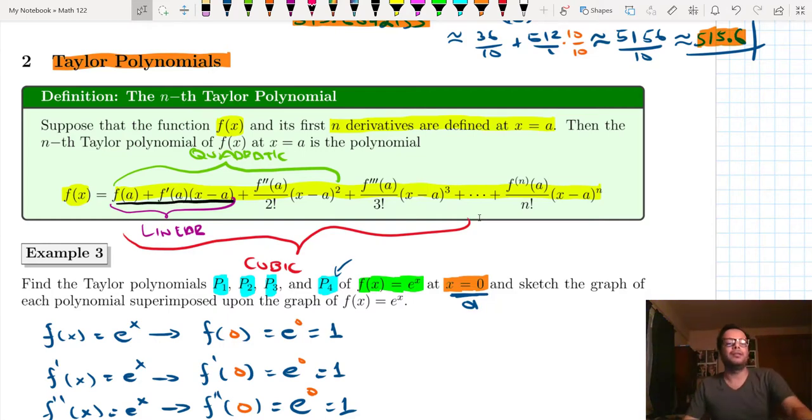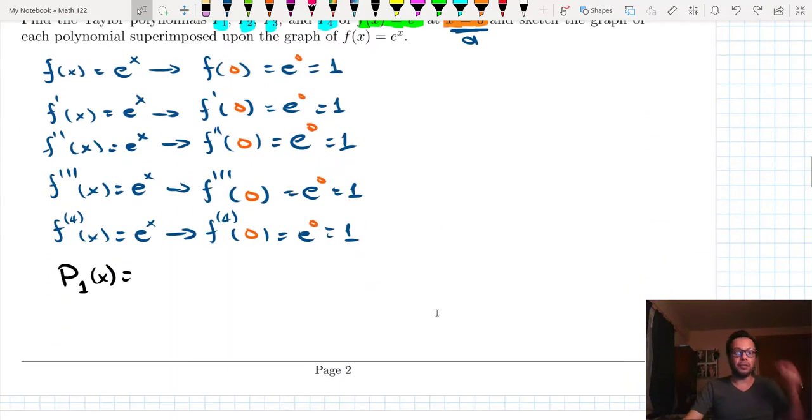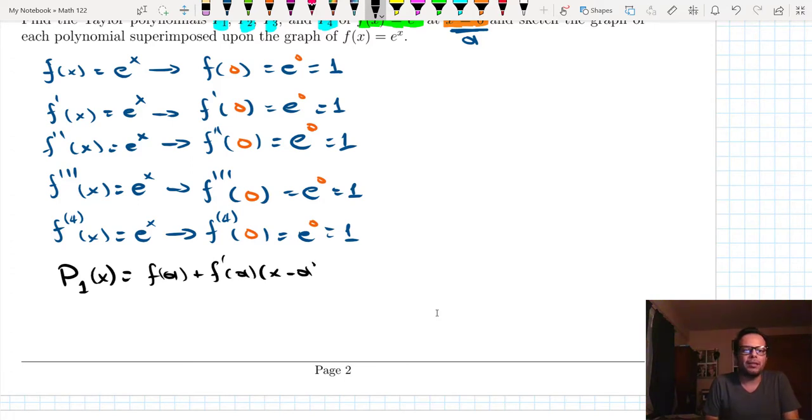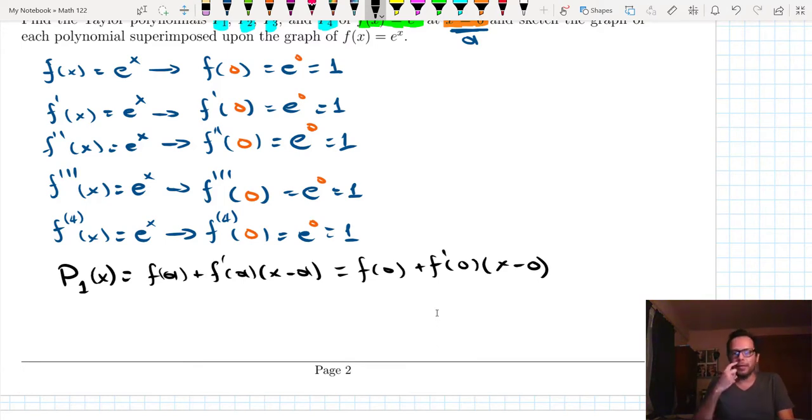It's basically no other than the linear approximation, which we already reviewed on the previous couple pages, right? So in this case, f of a plus f prime of a times x minus a. What is a? Well, in this case it is 0, f of 0 plus f prime of 0 times x minus 0. Okay?